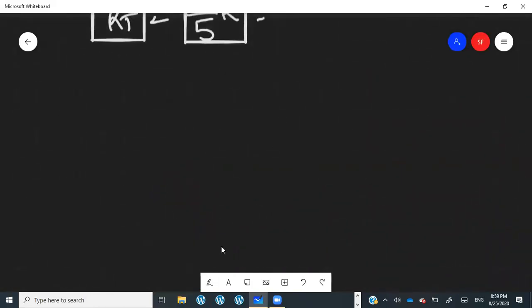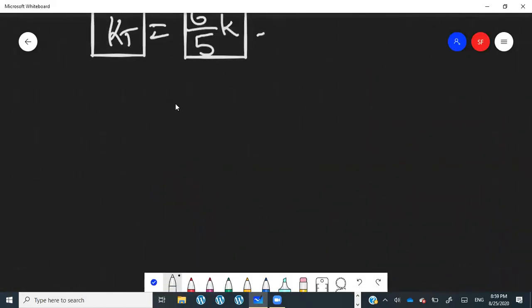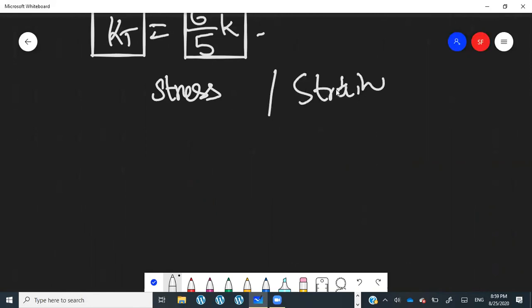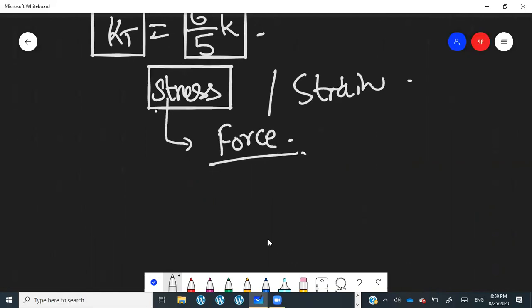Okay, so this was the combination of springs. After this, we can move on to stress and strain, the last part of this chapter. What is stress by definition? What is stress?